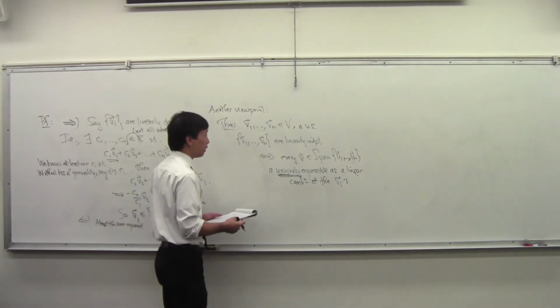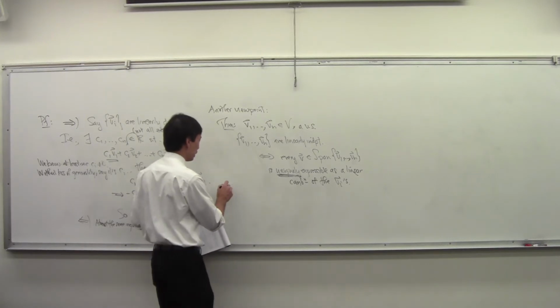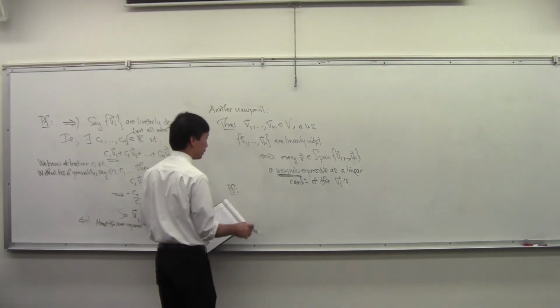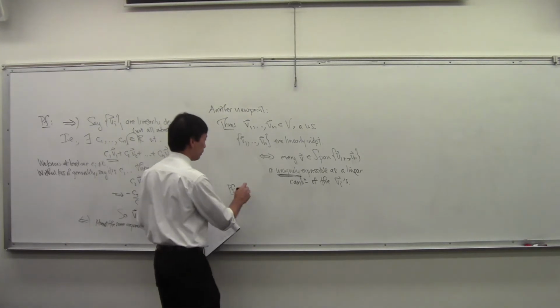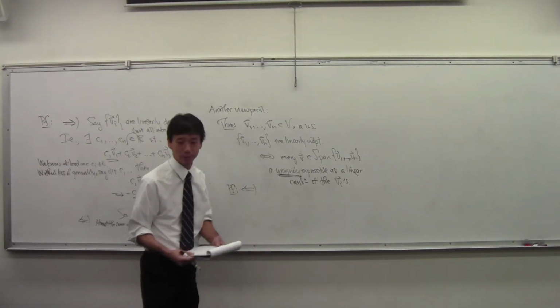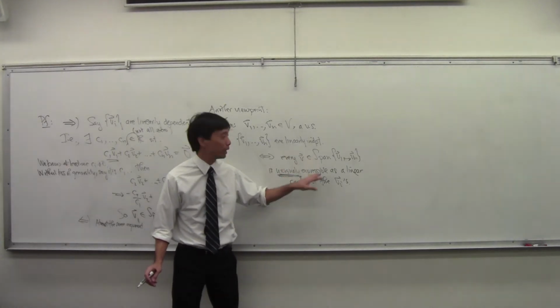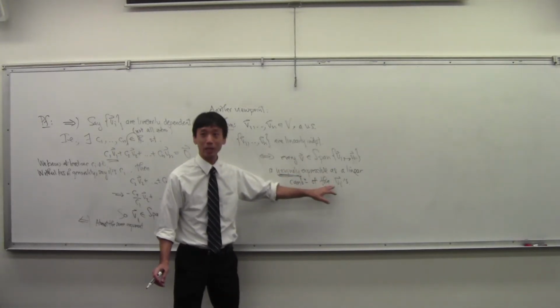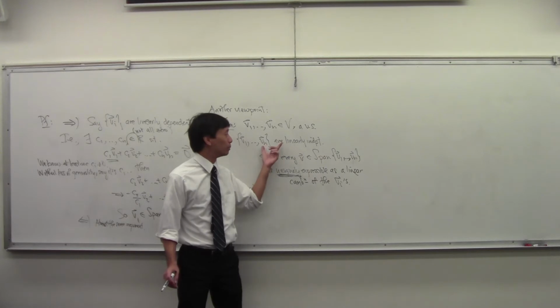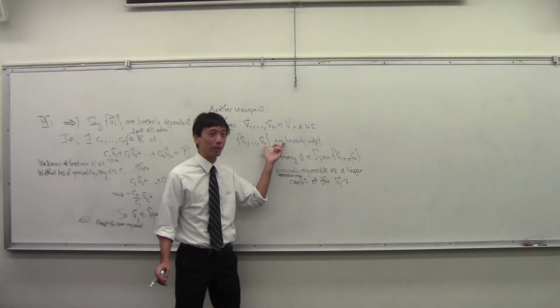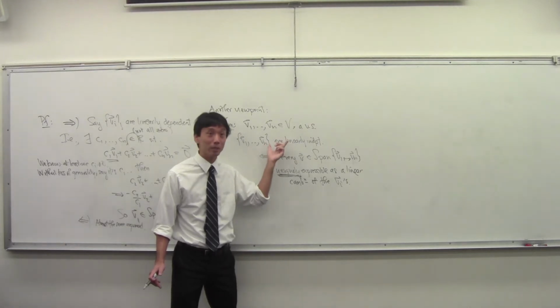Okay. So let's see why this is true. We're going to do the backwards direction first. Suppose you know that everybody in the span is uniquely expressible as a linear combination of the VIs, and you want to show that they're linearly independent.